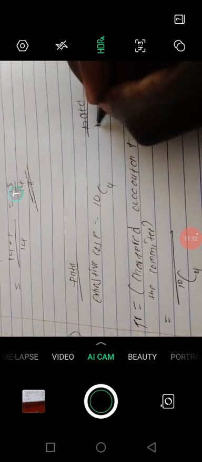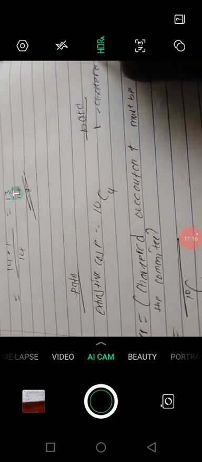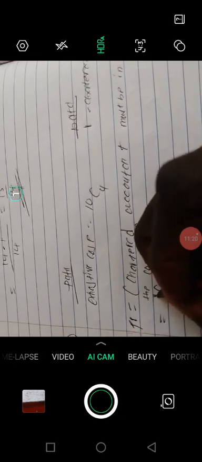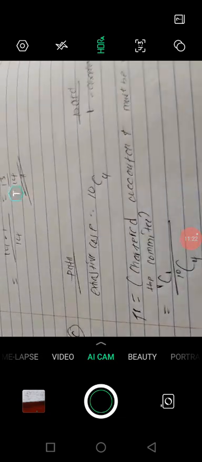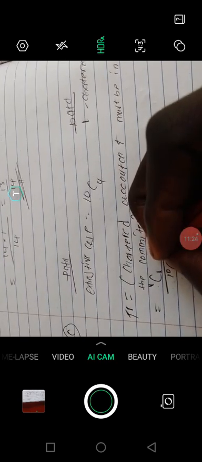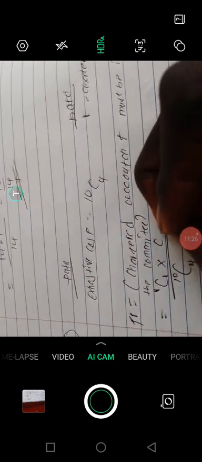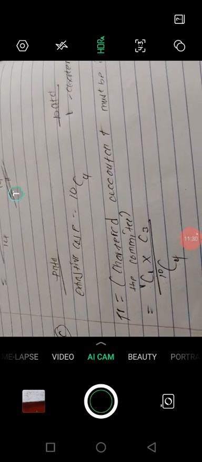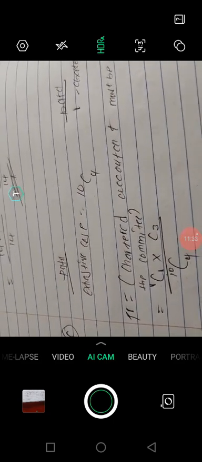We've got only one chartered accountant, right? So it will be 1 combination 1, the chartered accountant who must be in the committee, times 3 here to make up 4. 1 plus 3, that is 4, right?